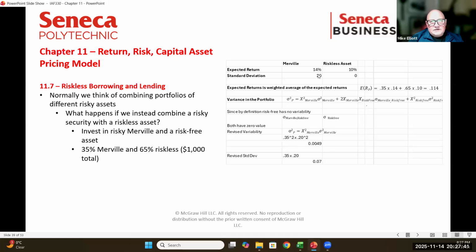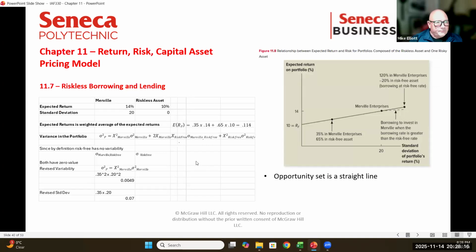Merval has a standard deviation of 20%, so the variance is 20% squared. 35% squared times 20% squared gives us 0.0049. The square root of that is our revised standard deviation, 35% of 20%, or 7%.